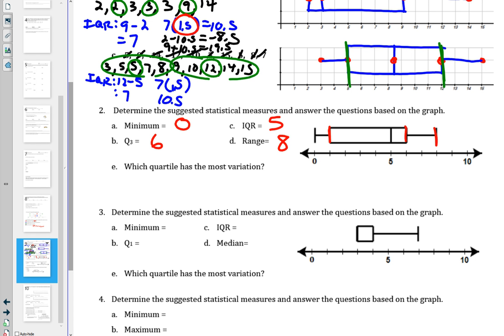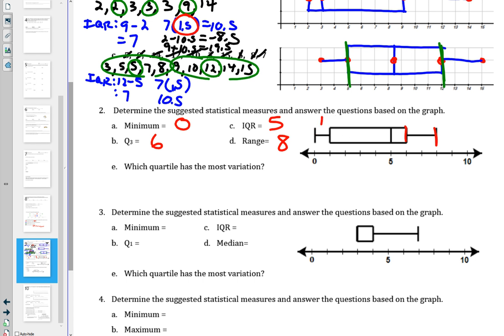Which quartile has the most variation? Okay, well let's do this. We've referred to quartiles as individual locations, but really what a quartile does is it breaks up a set into quarters, into fourths. The first quartile is everything that goes from the minimum to Q1.